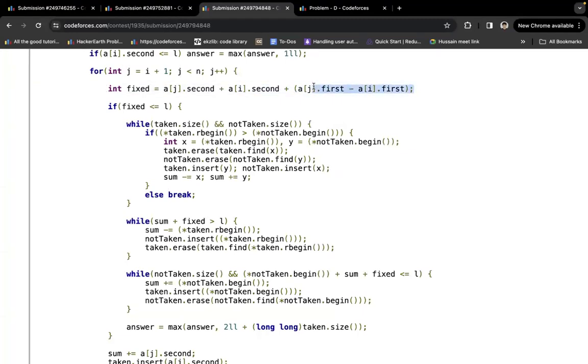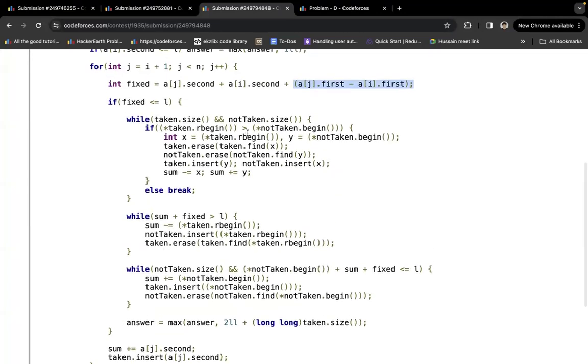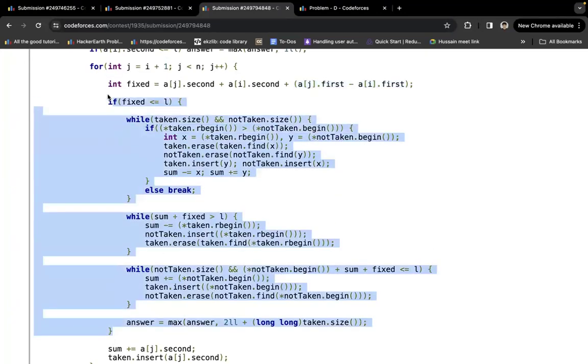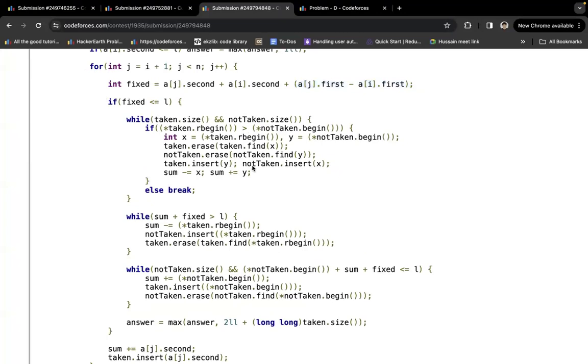So that is what I have added here. Now, apart from that, I just write a greedy kind of while loop. When both of the multisets are not empty, if the largest element in the taken multiset is greater than the smallest element in the not taken multiset, I just swap them.